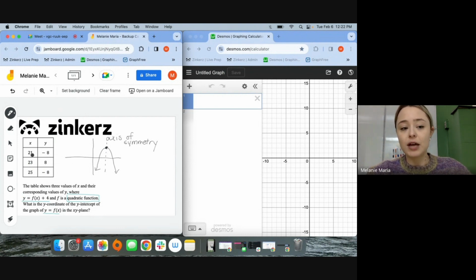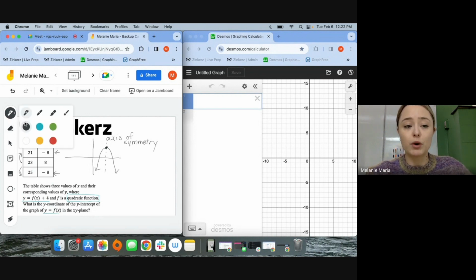I'm going to now take a look at the coordinates that the question gives me. And what I'm noticing is that if I move up or down 2 values from this middle coordinate here, I'm going to get the same y value. So if I subtract 2 and go down to 21 on the x-axis, I'm at -8. If I go up 2, I'm also at -8, which tells me that these points are symmetric around this middle one, 23, 8.